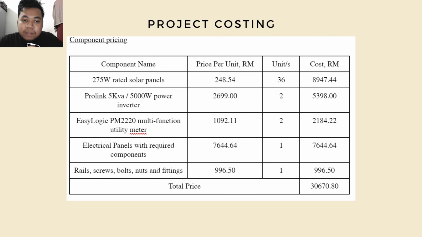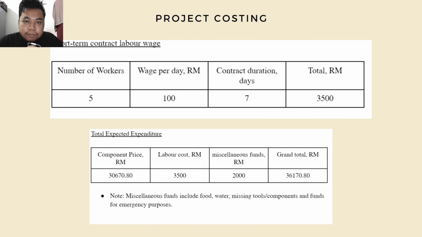Then we use two multifunction utility meters, the required electrical panels and its components, plus the rails, screws, bolts, nuts, and the required fittings. So we have the total price for components at about 30,670 ringgit and 80 cents.